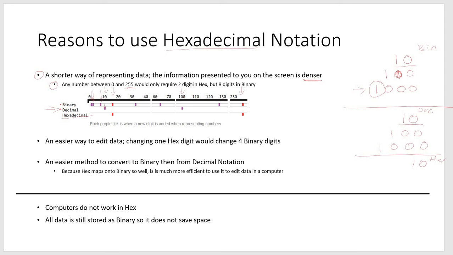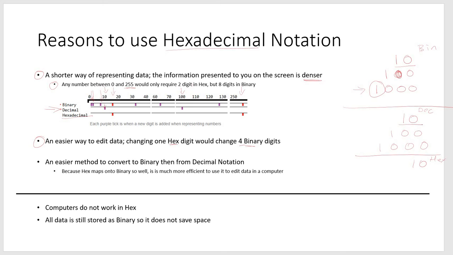All right. Now, because hexadecimal numbers and binary numbers map so well, it's easier to edit data in your computer, because all you would need to do is change 1 hexadecimal digit, and that would change 4 binary digits in turn.